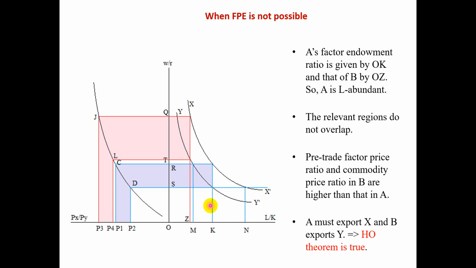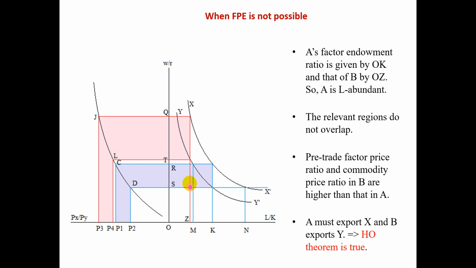So now we shall see what would be the problem if the factor endowment of country B does not lie within this zone. So once again, by our assumption, country A is labor abundant. So what will be the factor price zone for country A? So it is RS, and the commodity price zone is once again P1, P2. Now what about country B? So its endowment is OZ.